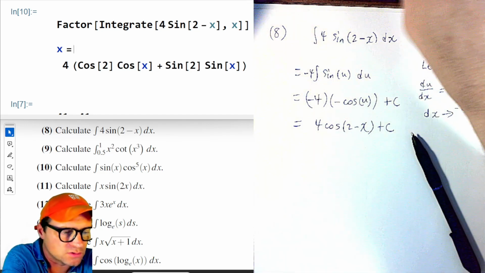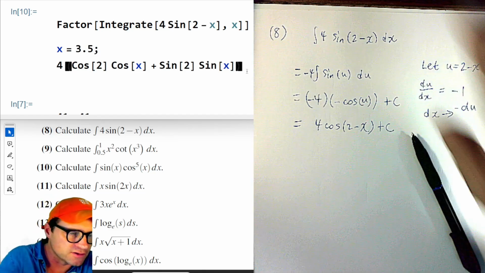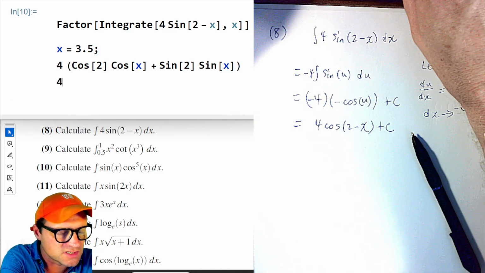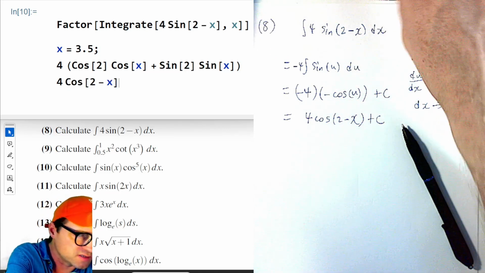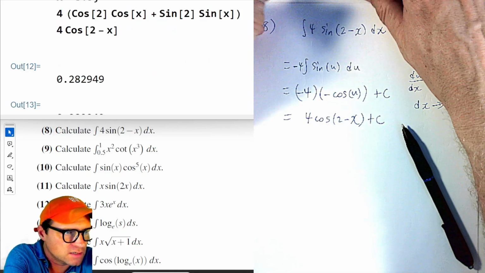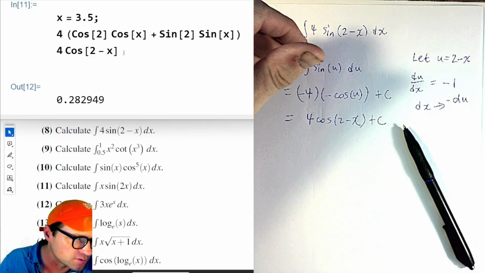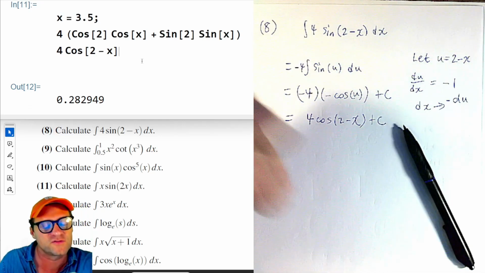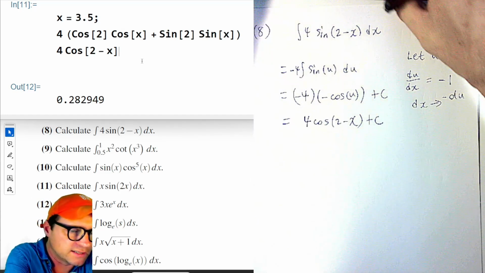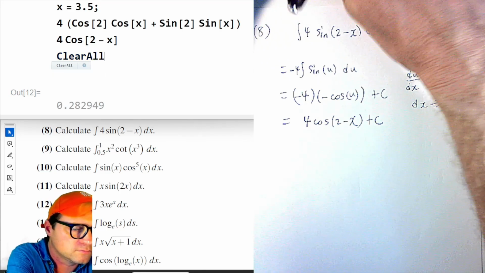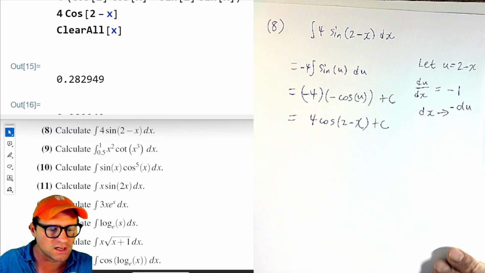So x equals, say, 3.5, for example, and then enter the other function and see if those give you the same numerical value. I mean, that's not proof that these are the same, but it does help you at least believe that they are the same. Okay, so we got the same number here, so these should be the same thing. Of course, it's not proof, but it gives you some confidence that you have the right answer. All right, I better clear the x. And let's move on to question 9.